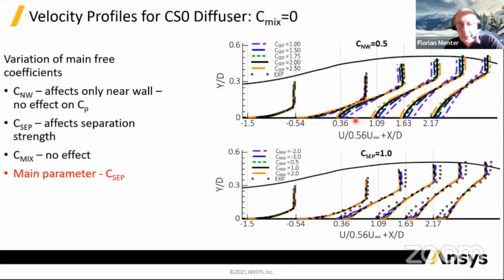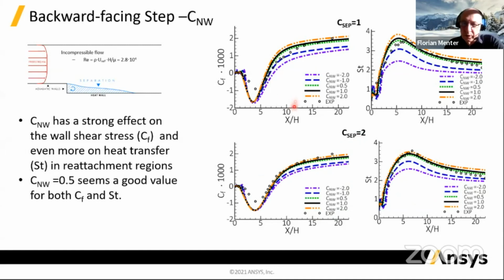You can see that better here in these velocity profiles. The CSEP does what it does on the airfoil. It goes from an attached flow to an over-separated flow if we increase the coefficient here, whereas the near wall coefficient only really changes the characteristic of the model very close to the wall, and that can have positive effects if we are dealing with, for example, heat transfer in non-equilibrium conditions, because then this coefficient can be used to control the heat transfer near wall behavior.